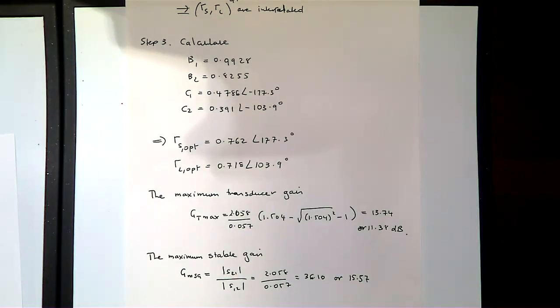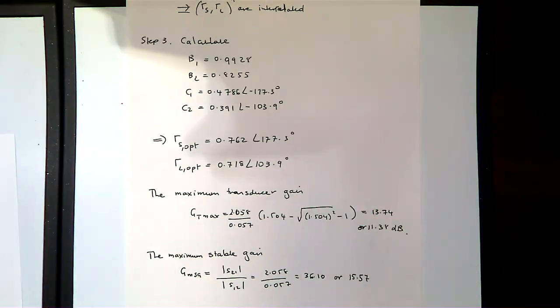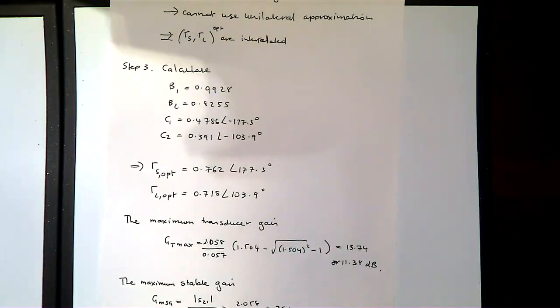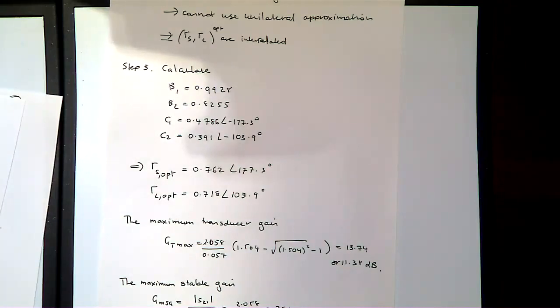Now, we've also gone through and said we can work out the maximum transducer gain, which was K on K squared minus 1. Somebody was telling me that I've substituted in the wrong values. I can't remember.